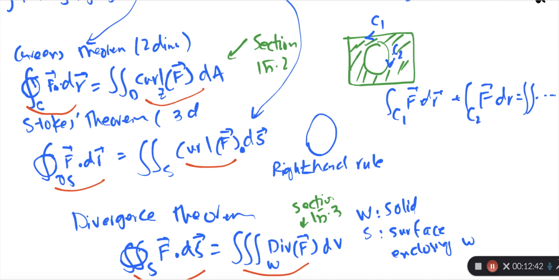And if the direction of C2 is opposite, or the direction of C1 is opposite, you make it a negative sign instead of a positive sign, basically. And that's it with these problems.